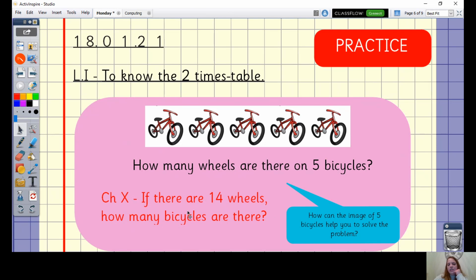Okay, and then for your challenge X there, if there are 14 wheels, how many bicycles are there? So there's 14 wheels in total. How many bicycles are there? Okay, and I want you to see how you can use this image to help you solve the problem. Pause the video here and have a go at answering that practice question.